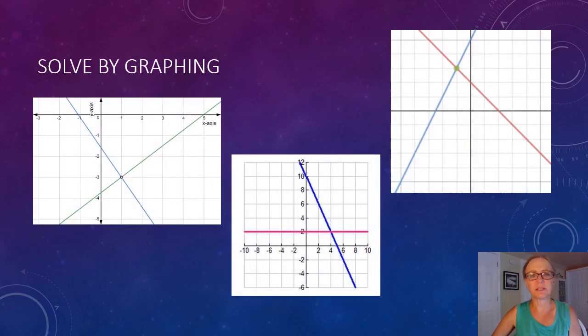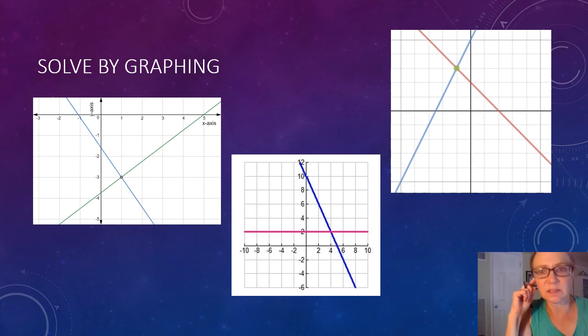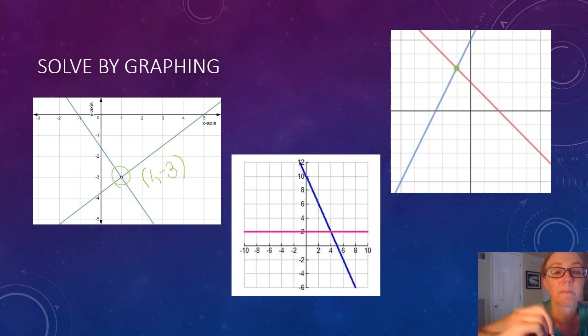Here are 3 systems which have already been graphed. The solution of a system is the ordered pair that works in all the equations. Well, what that means is that it's a point of intersection. So the solution for this first graph is the point (1, -3).